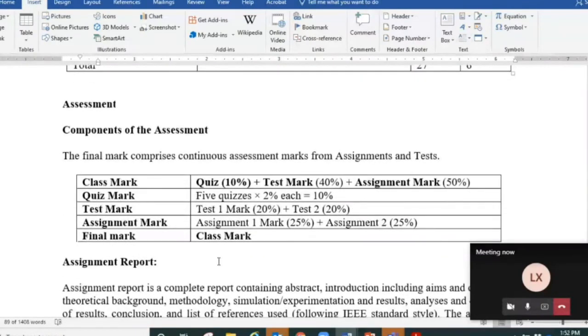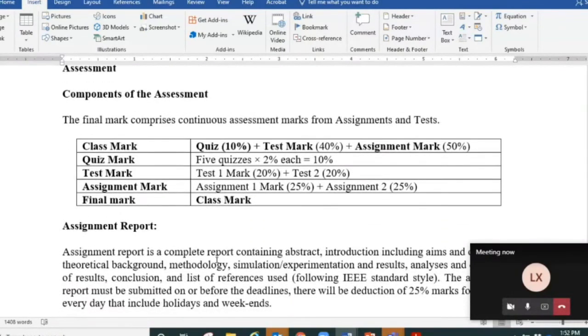And then I'm coming to the other important thing that is always related to you. I guess that you have opened that course outline already and found it, but just today I changed it a little. Initially the quiz was not there.